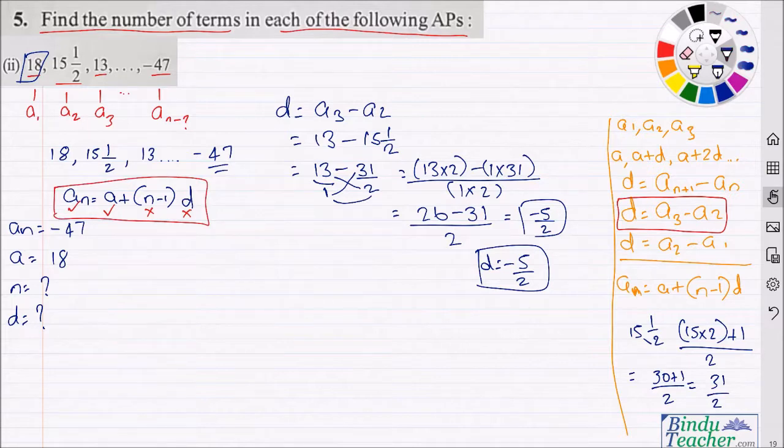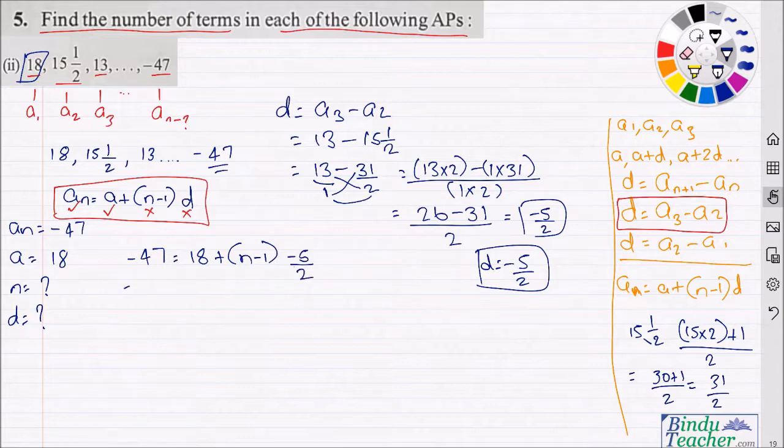So using substitution, we can say minus 47, which is A of n, equals A, the value of A is 18, plus n, which is unknown, minus 1 into D. D is minus 5 by 2.